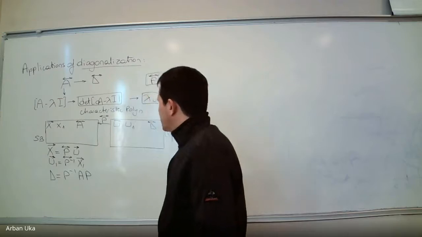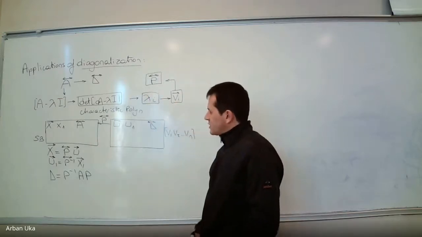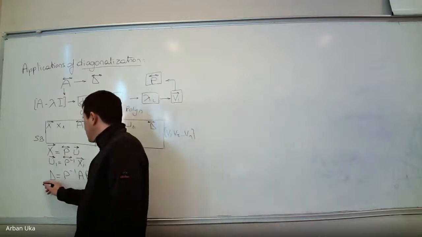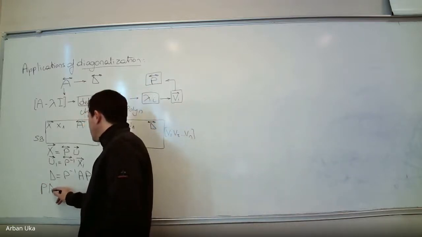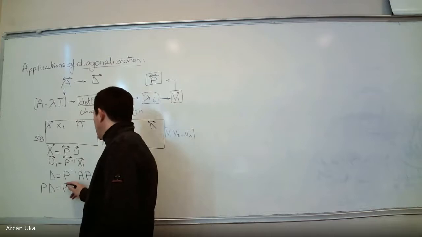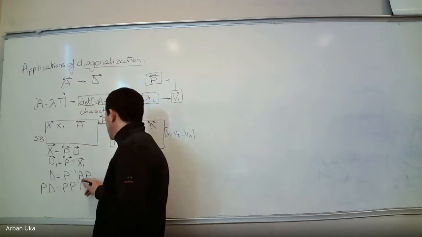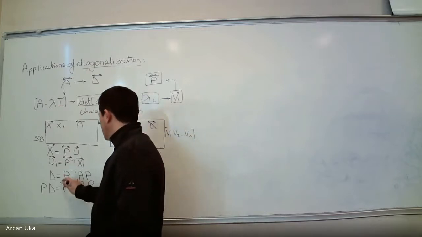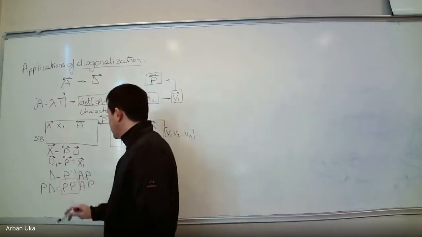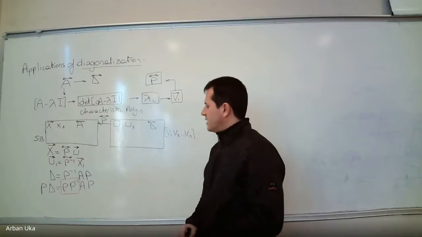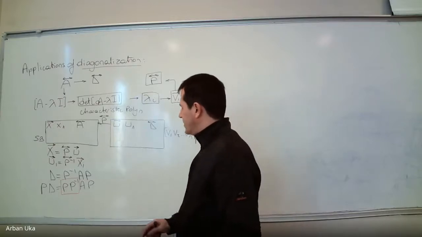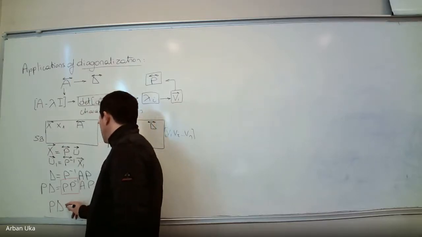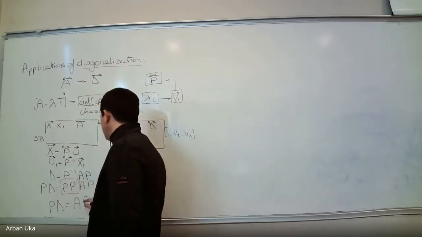So this is the matrix D, which is the diagonalization of A, and at this stage, what we can do is multiply both sides of the equation by a P matrix, okay, and we get the following. Then we know that in matrix multiplication, P times P inverse will be equal to the identity matrix. So here we can say that PD is equal to AP.